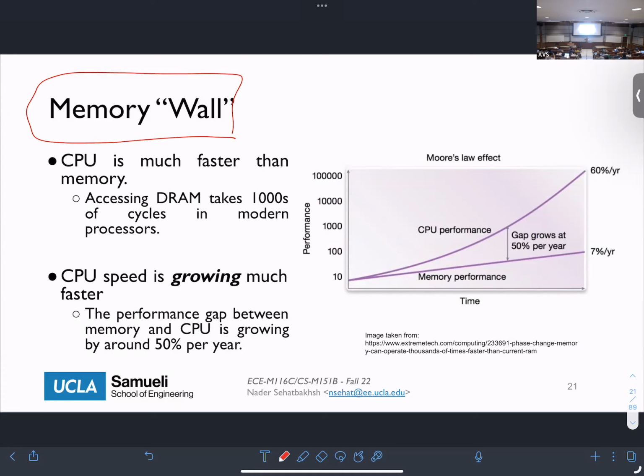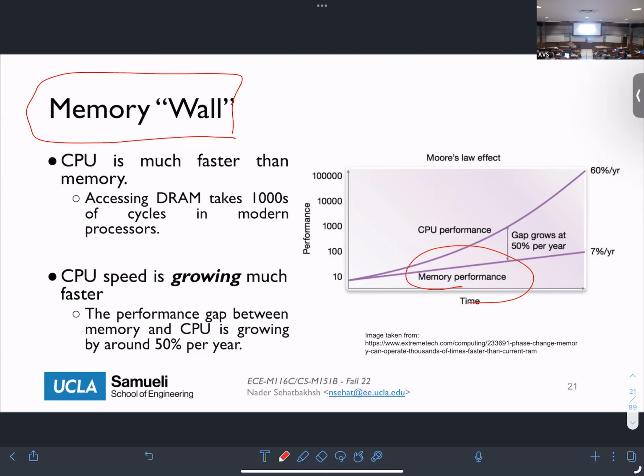We doubled the number of transistors and improved the performance by 25% per year, or twice every 2 years, and so on and so forth, right? Unfortunately, for the memory, since it's a completely different VLSI technology, the improvement speed is only about 7% per year. Okay.